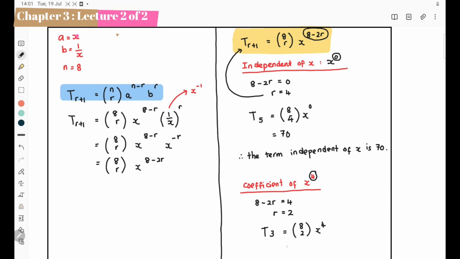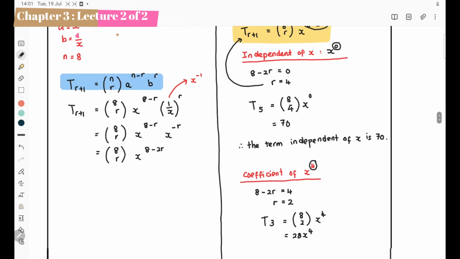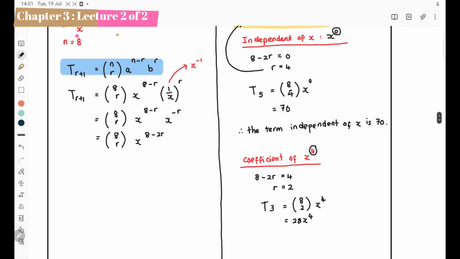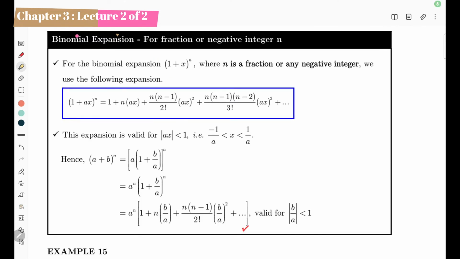Simplifying it, we get T3 equals 28x^4. So the conclusion is the coefficient of x to the power 4 is 28. And we are done.